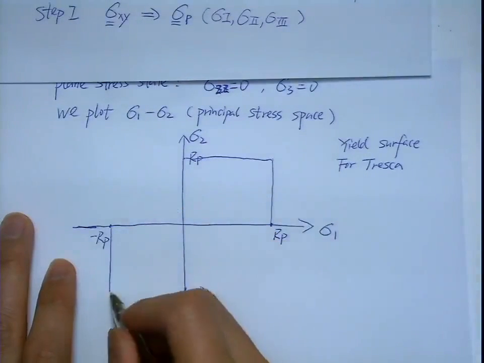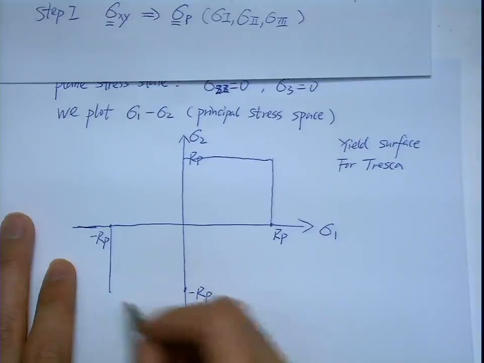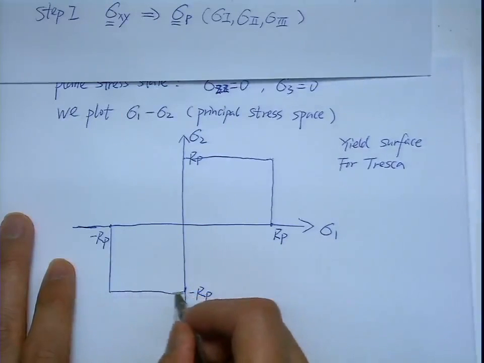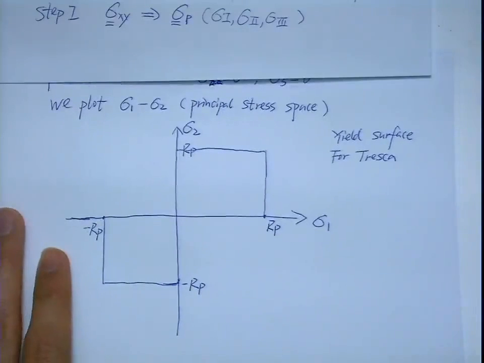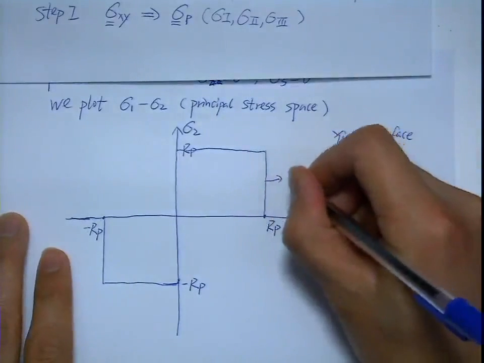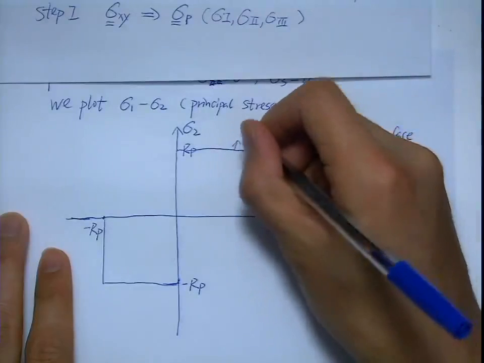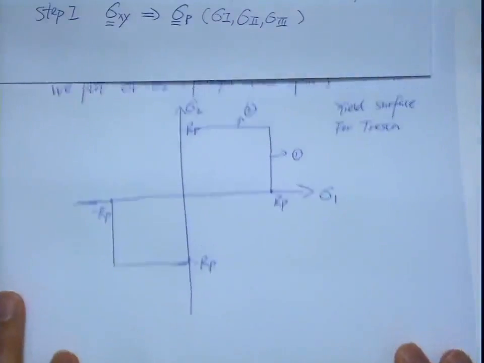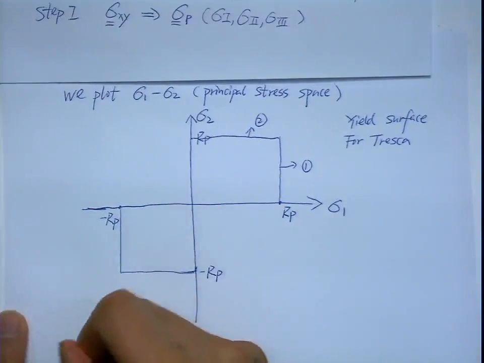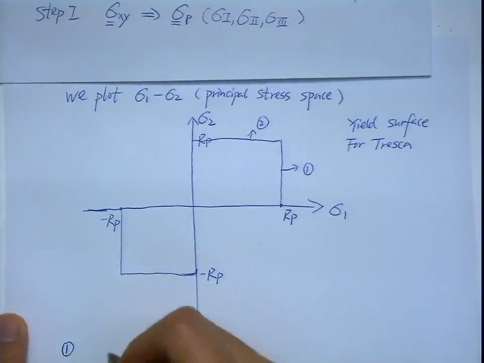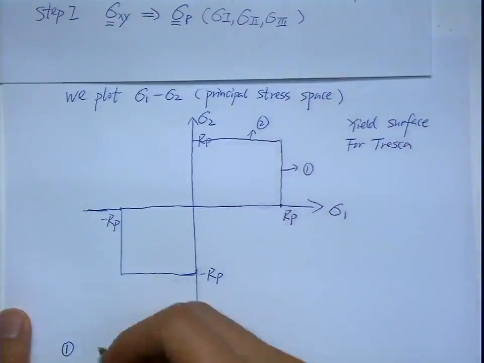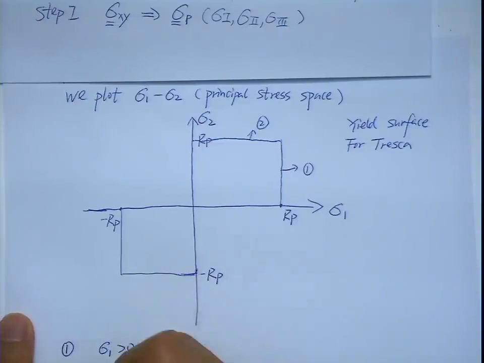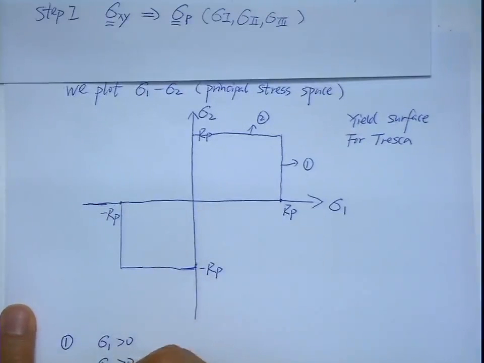So how you draw it is simple. You just draw this line. So let's say this is number 1. This is number 2. So what does number 1 mean? In this line, we have sigma 1 larger than 0, sigma 2 larger than 0, sigma 3 equal to 0.